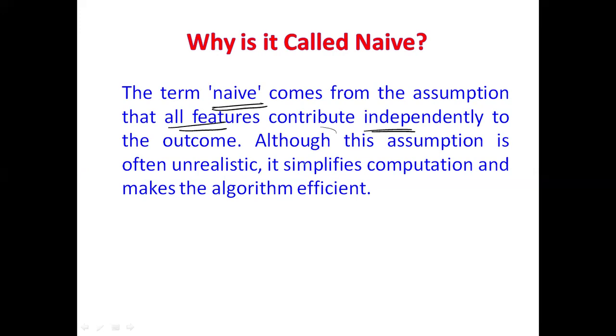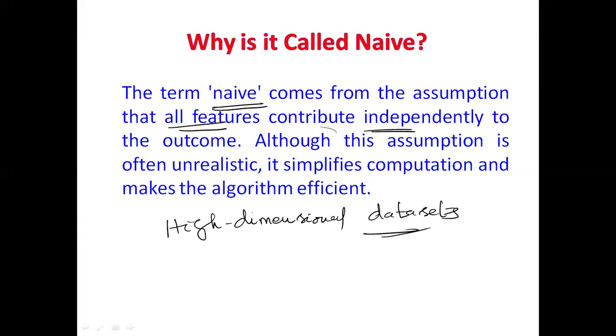However, this naive assumption greatly simplifies the computation of probabilities and makes the model computationally efficient, enabling fast classification, especially in high dimensional data. This is mainly used in high dimensional classification data sets.